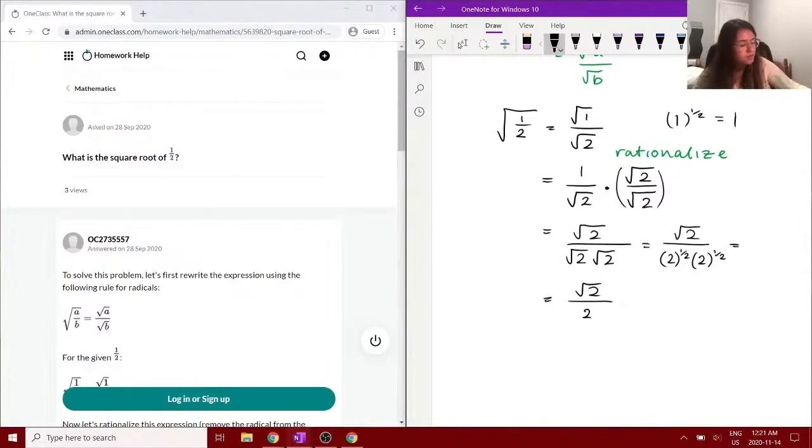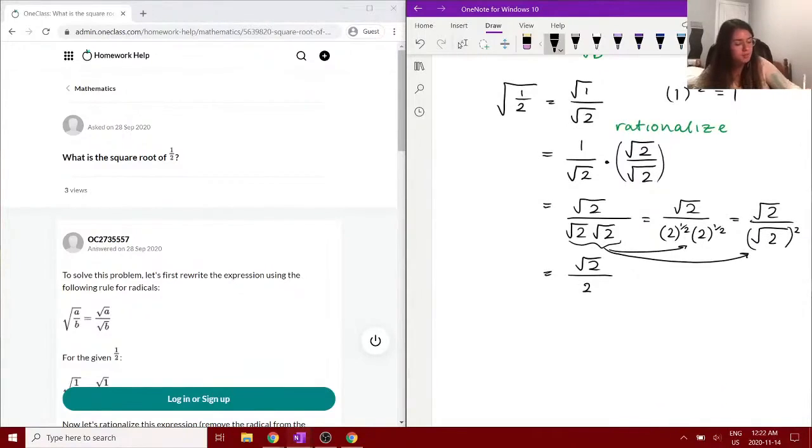Or you can think of it as squaring the square root of 2. Either way, in the end you get the same thing: the square root of 2 in the numerator divided by 2 in the denominator.